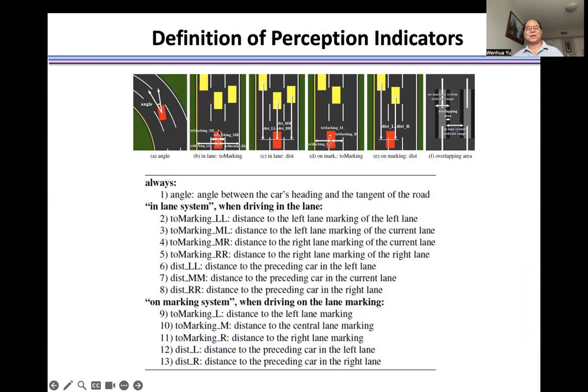If we just do road following, we just consider the preceding car. If we do lane changing, we consider all the preceding cars. And then we define certain indicators.